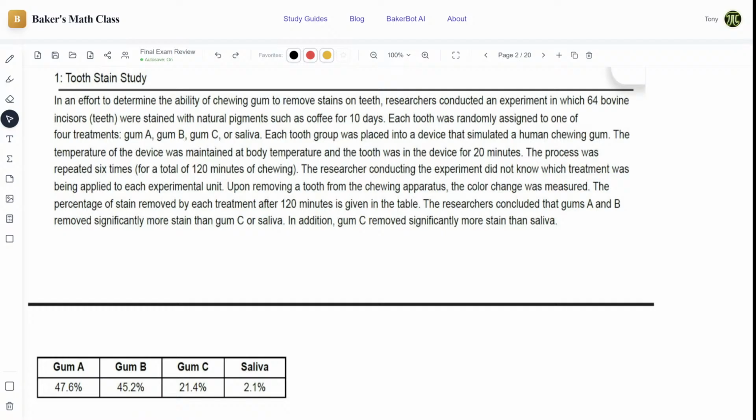Now, the stain comes into what's the response variable. What are they testing? The percentage of the stain removed. Oh, actually, it says the color change. Sorry, they were looking at the color change, so whether the color of the tooth improved or not. So that would be the response variable.